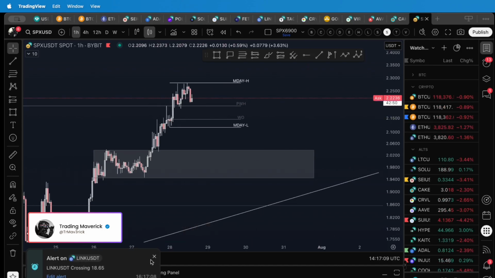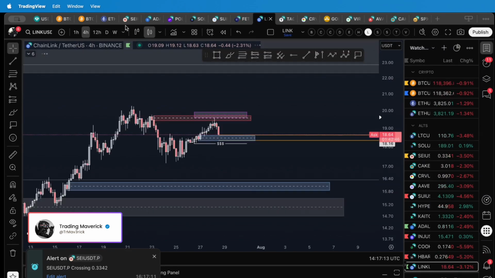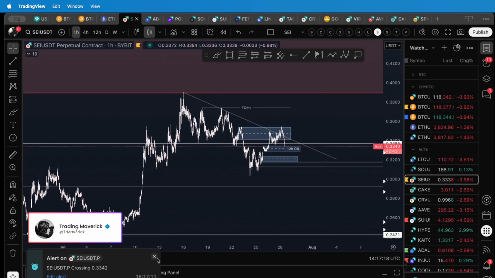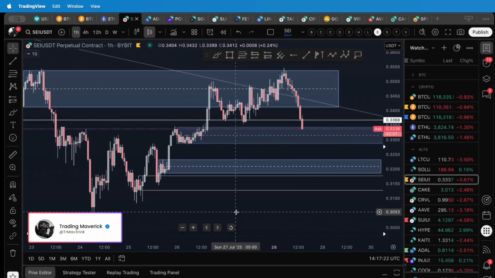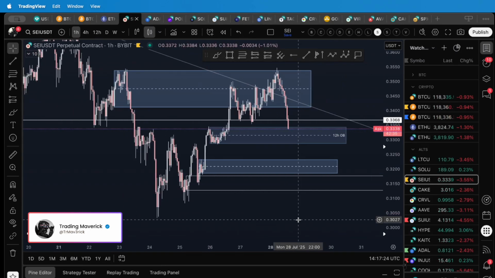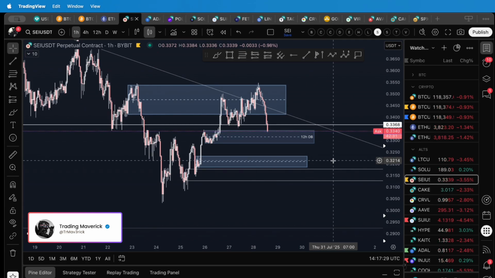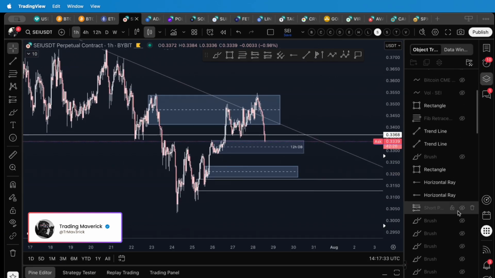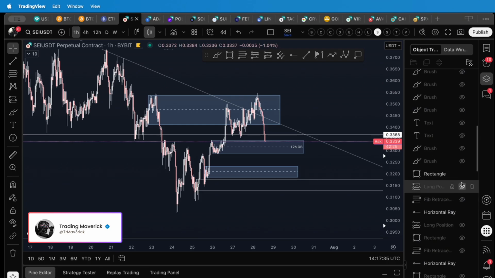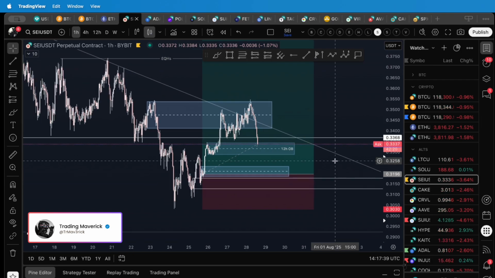Okay, all altcoins shitting the bed again. Sei rejecting quite a lot actually, so maybe it comes back to entry. Honestly looks pretty ugly.